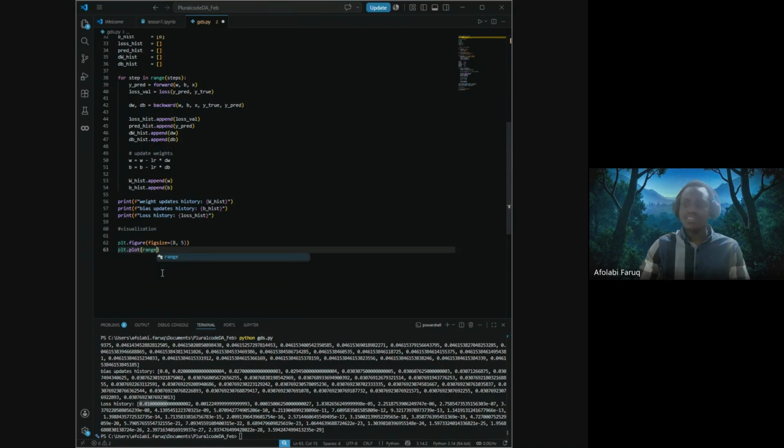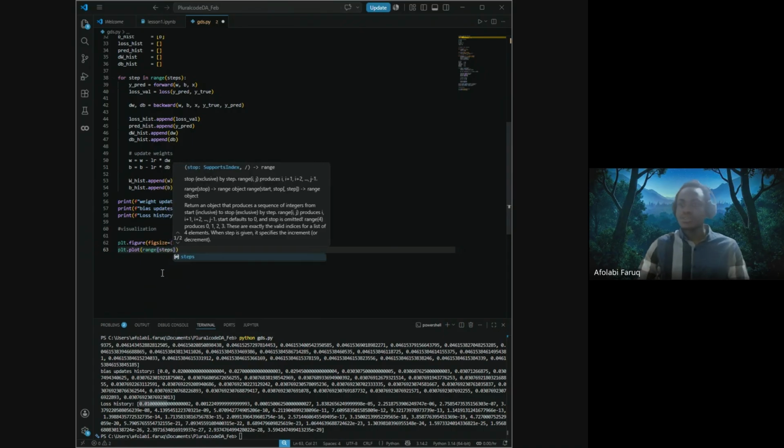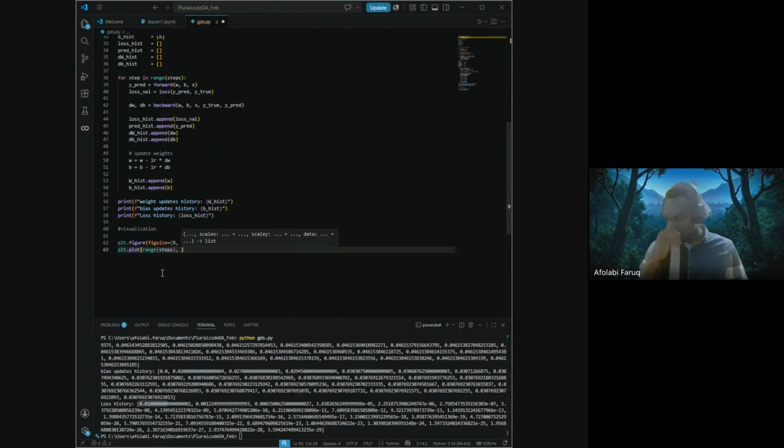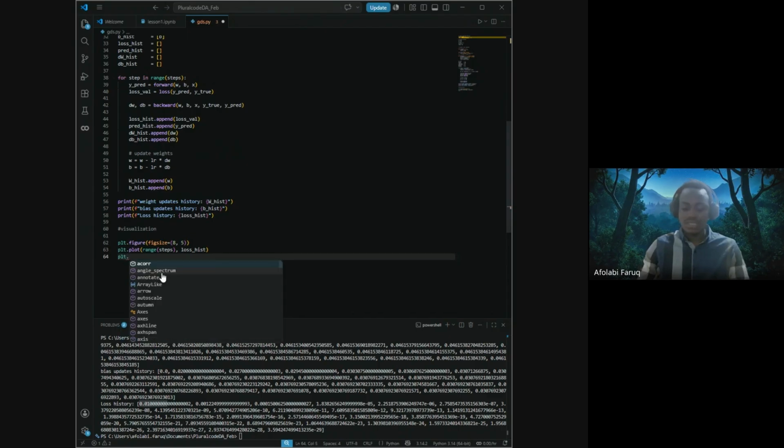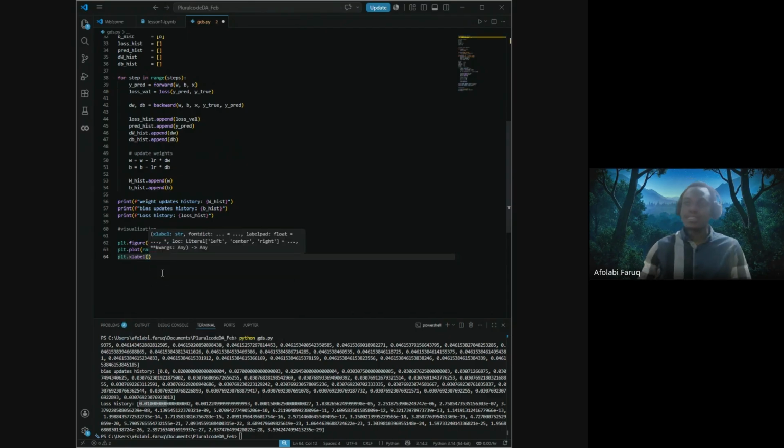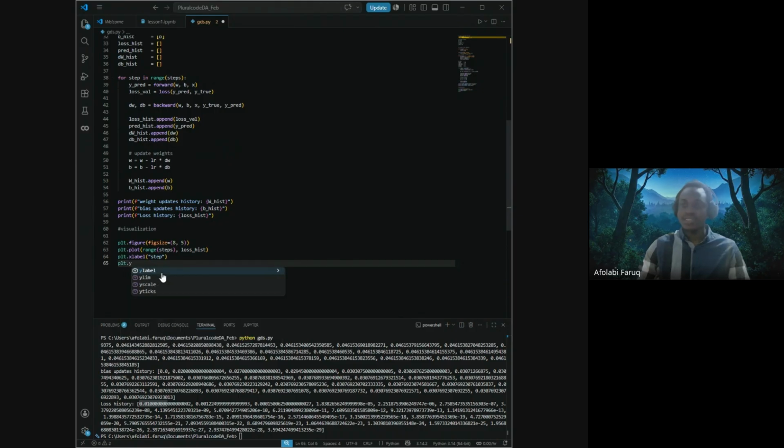So here we are going to have a range of steps, so that we can have our epoch on the x-axis, and then the loss on the y-axis. And then the next thing is plt.xlabel. On the x-axis, what do we have? We have the epoch or step. The plt.ylabel, on the y-axis, we have the loss.